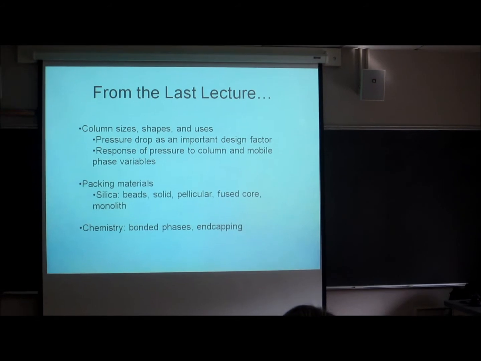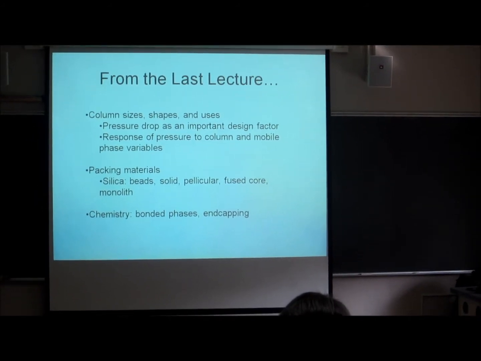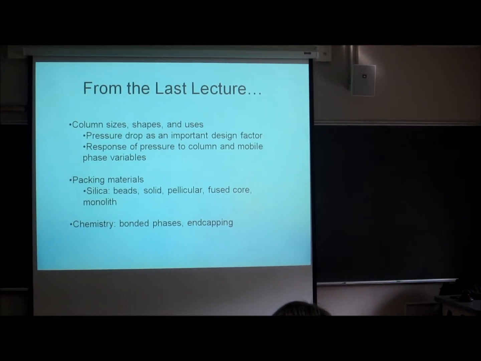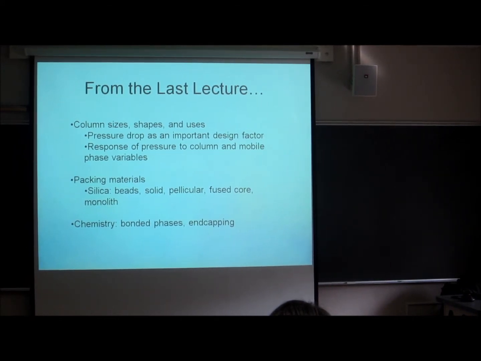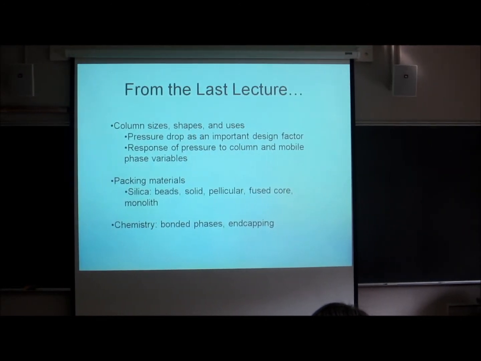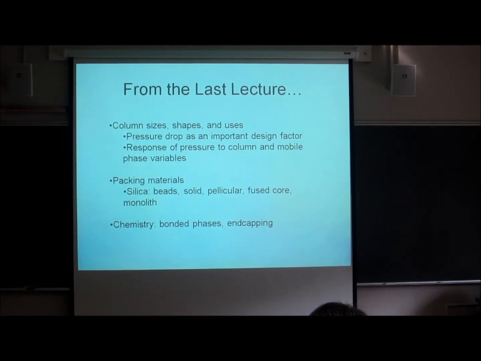From last lecture, we talked about columns and sizes and shapes and missions for the columns, analytical versus preparative. We talked about pressure drop and the various contributors to pressure drop and how they contribute to the second power or the first power inversely with the Kozeny-Carman equation.